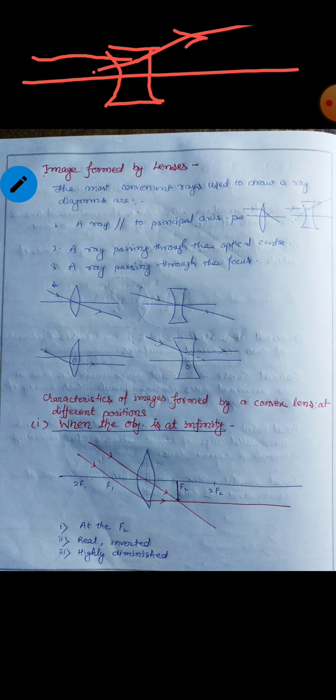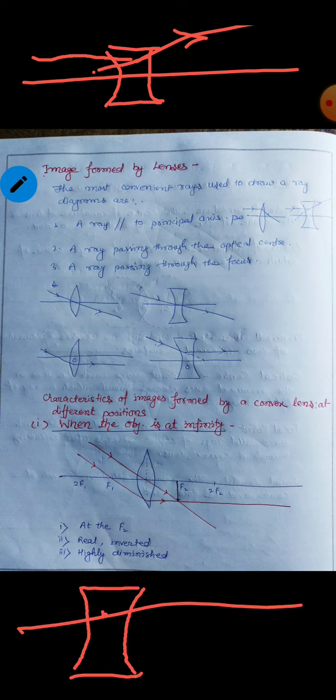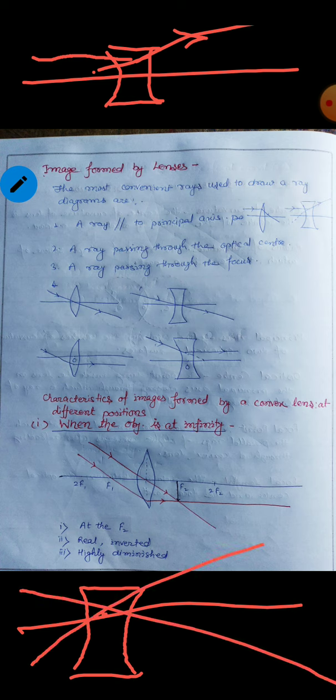And the second ray which we have discussed, the ray passing through the optical center, will pass through the lens without deviation. Suppose this is the lens and this is the optical center. So if any ray passes through it, it will pass without any deviation.